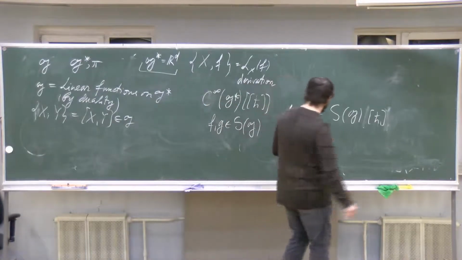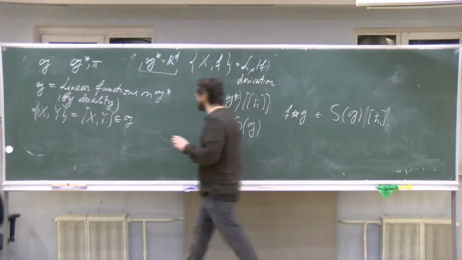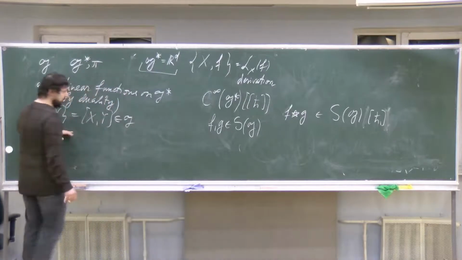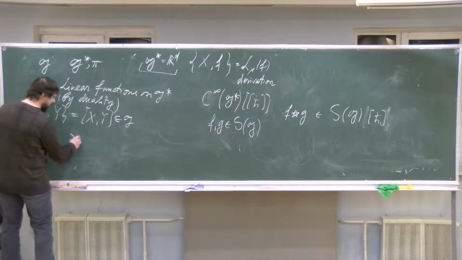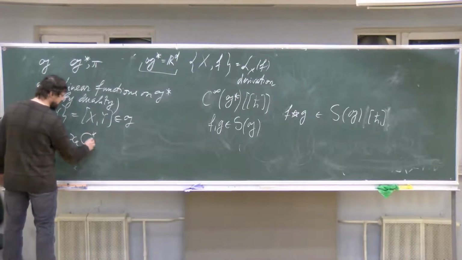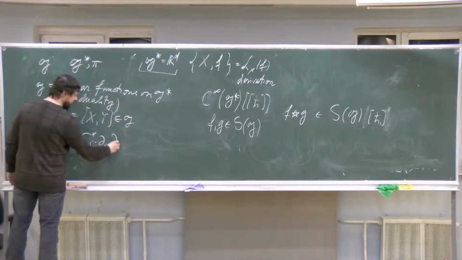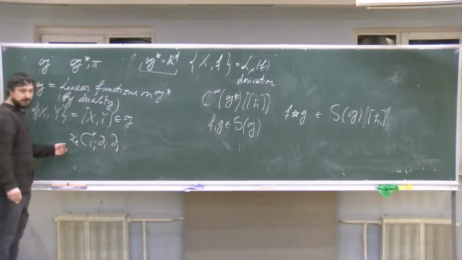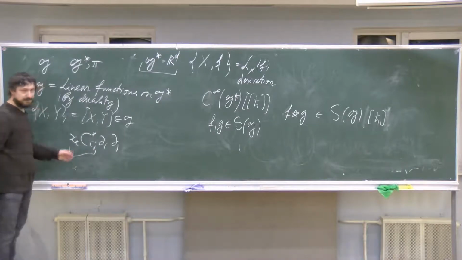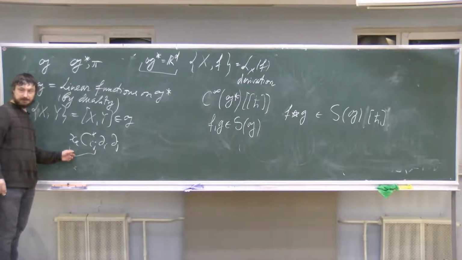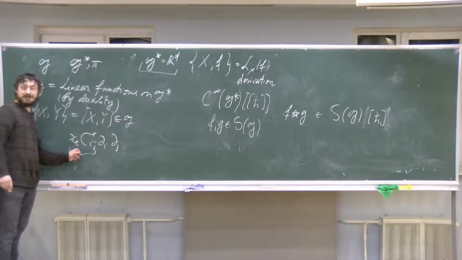Let me recall that this bivector is actually linear. In local coordinates, it is written as x_k c^k_ij d_i d_j, right? So all coefficients of this bivector are linear in terms of coordinates. So you cannot differentiate it more than just one time. If you differentiate it twice, it will vanish.